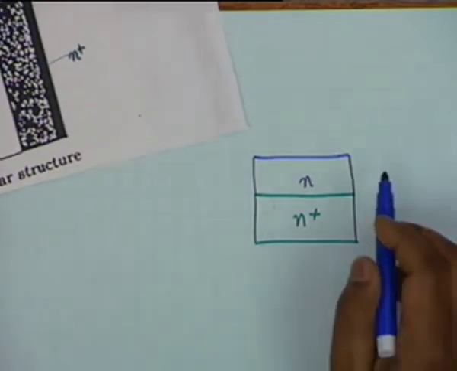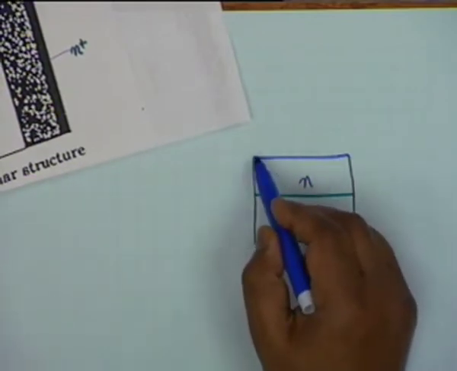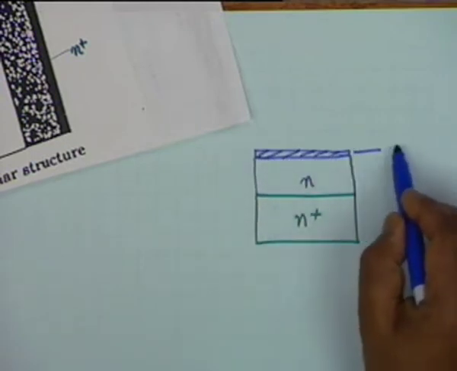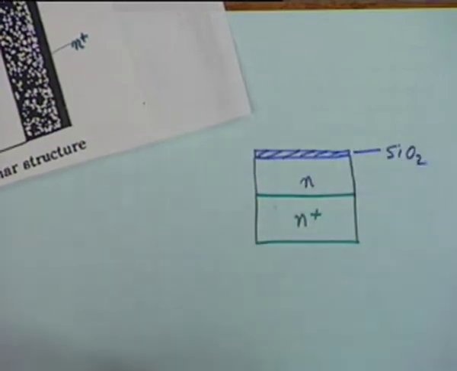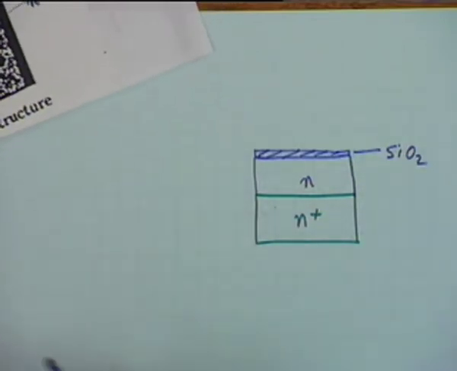Then you subject it to oxygen so that the upper portion is oxidized to silicon dioxide, and you know silicon dioxide is an insulator, all right.